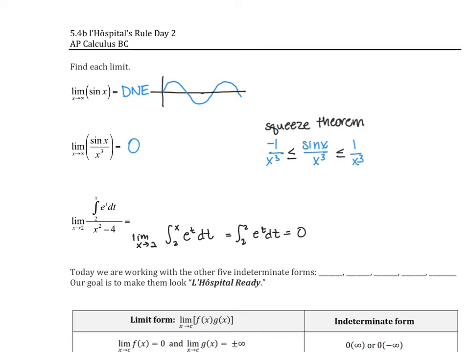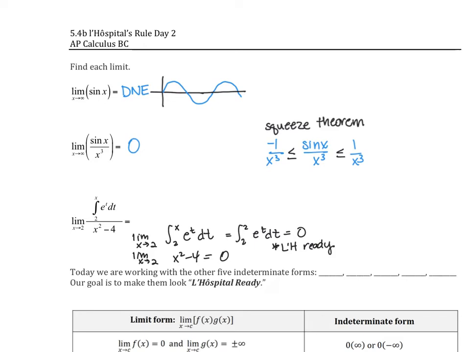And if I subtract a value from itself, I'm just going to get 0. So that limit is 0. And if I look at the limit as x approaches 2 of x squared minus 4 on its own, that also is 0. So this is L'Hopital ready.